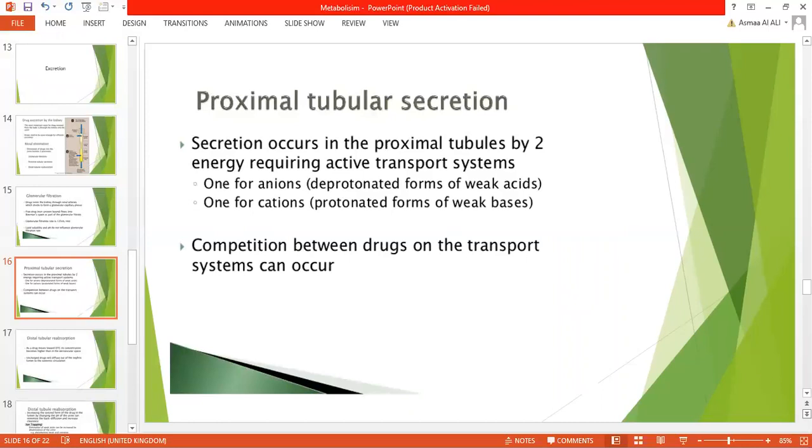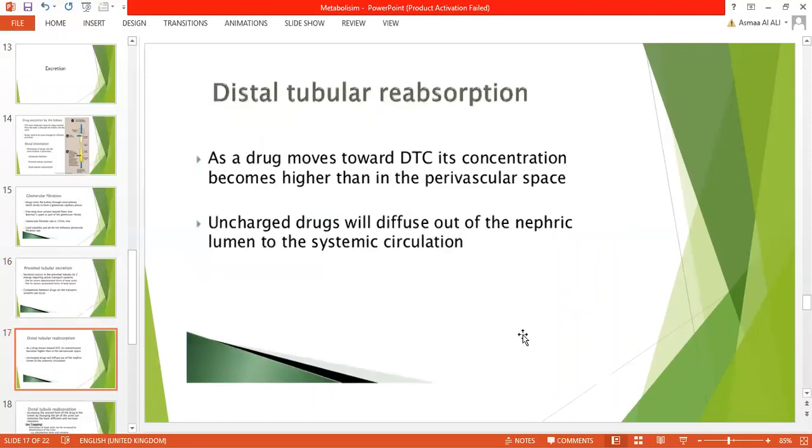And in the case of distal tubular reabsorption, as the drug moves toward the distal tubule, its concentration becomes higher than in the perivascular space, and uncharged drugs will diffuse out of the nephric lumen to the systemic circulation.